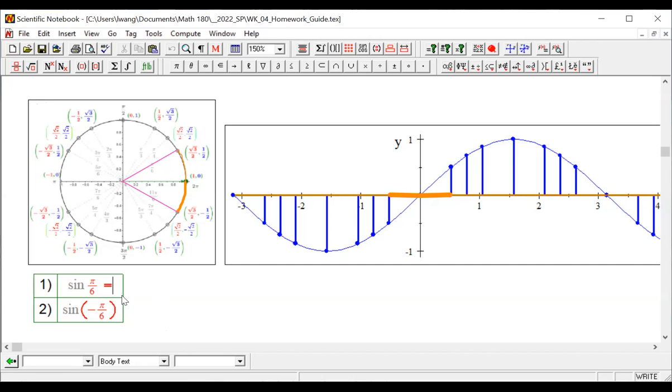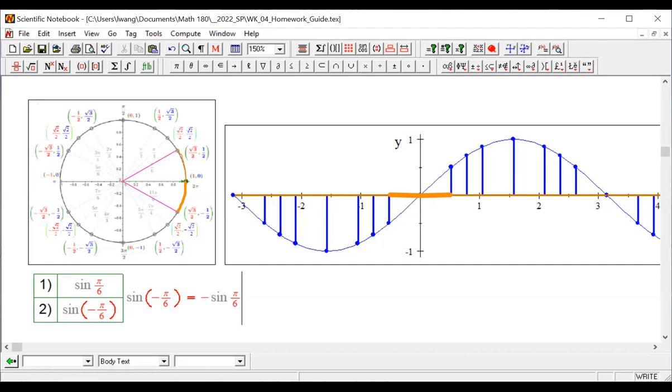Just play with these numbers. This is going to be negative of sine pi over 6, so this is a fitting for one case of an odd function.